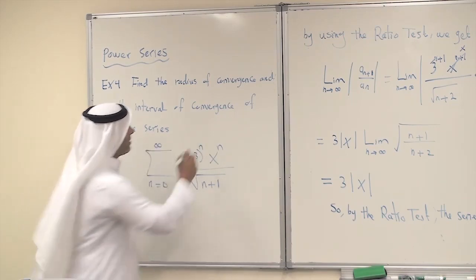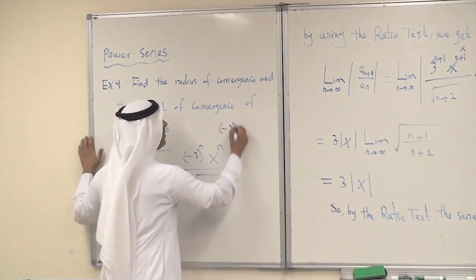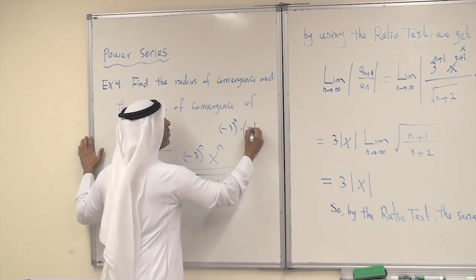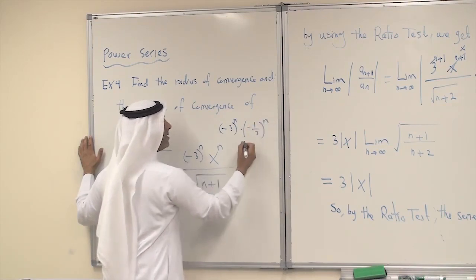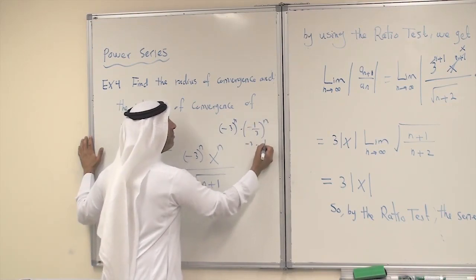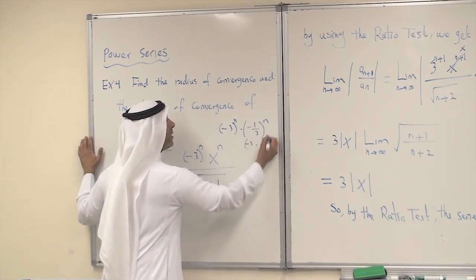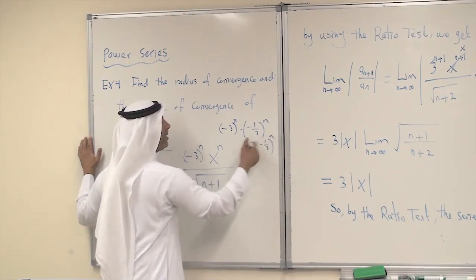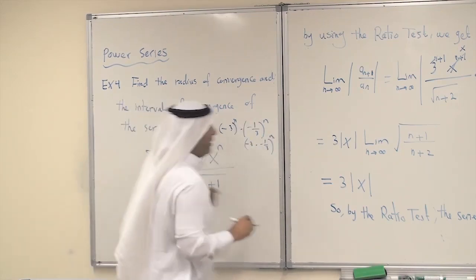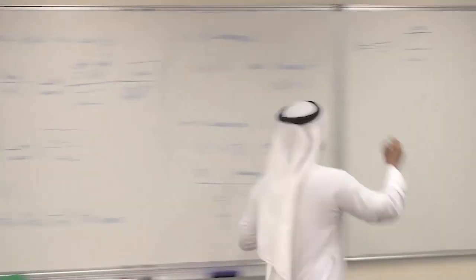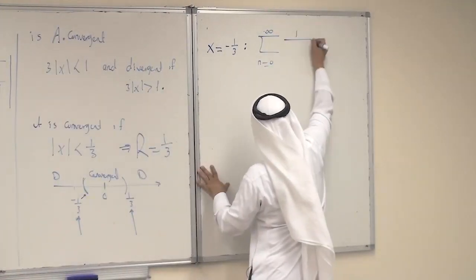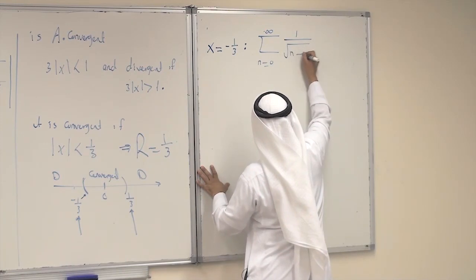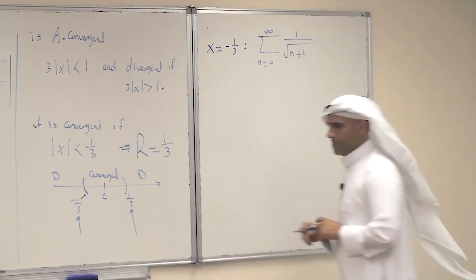They will cancel each other. Look here. Minus 3 to the power n times minus 1/3 to the power n. This is minus 3 times minus 1/3 all to the power n. And clearly this is equal to 1. So that will give 1 only. So that is 1 over square root of n plus 1.